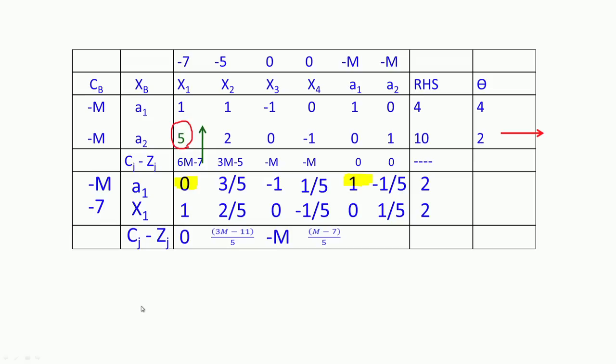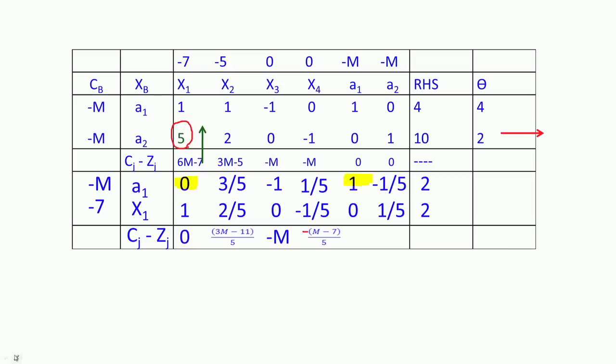So I will have a minus sign here. No, I don't have a minus sign here. Just erase it. So I get minus m by 5 and 0 minus m by 5 is plus m by 5, which comes here. And here I have plus 7 by 5. So 0 minus 7 by 5 is minus 7 by 5. So m minus 7 by 5 is correct.